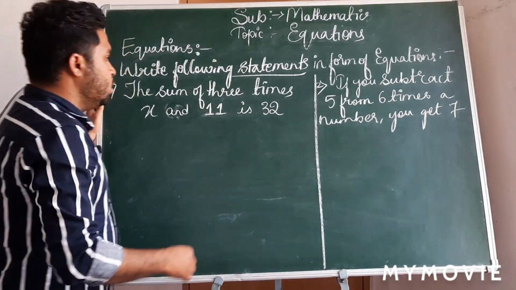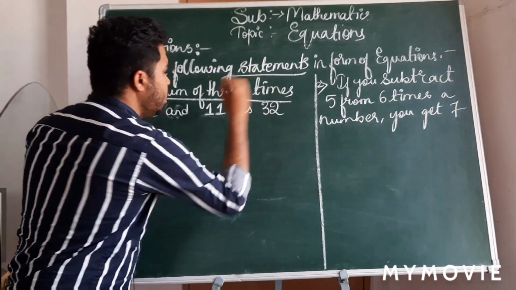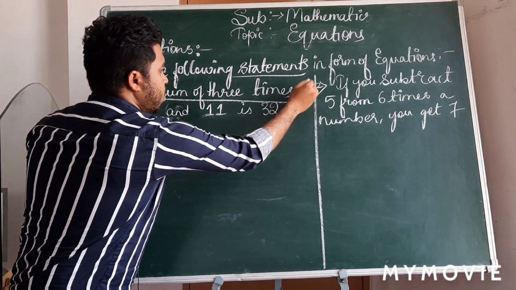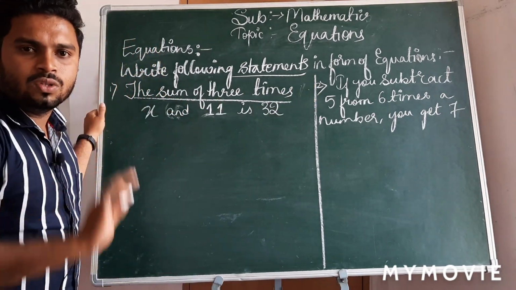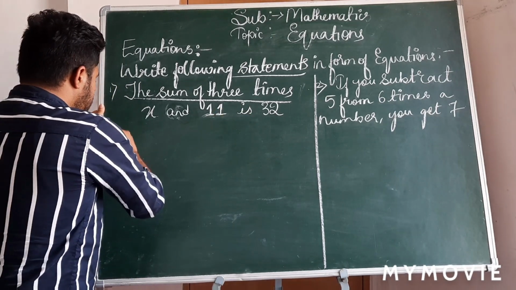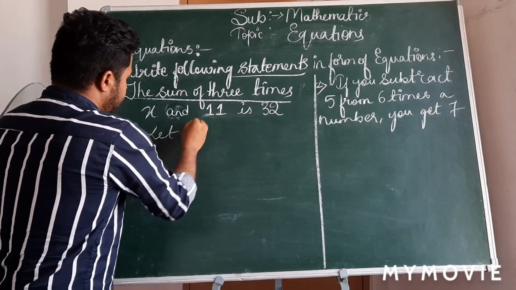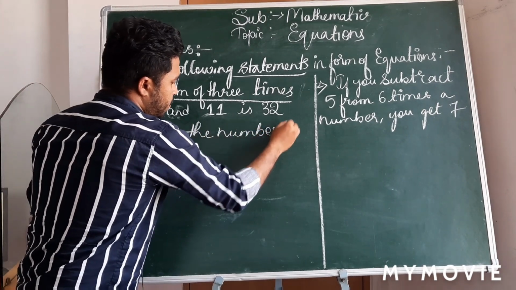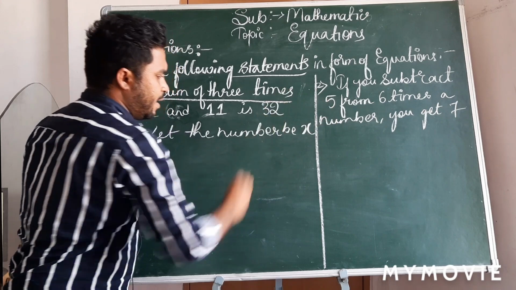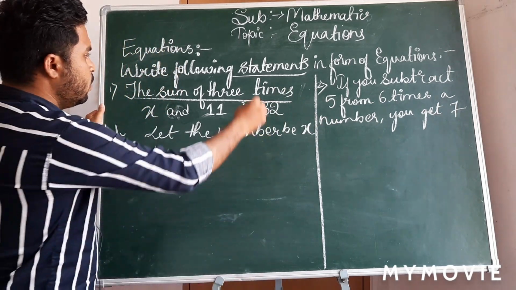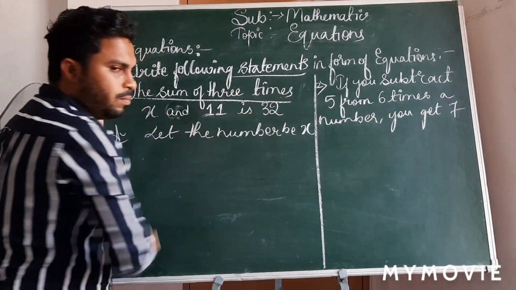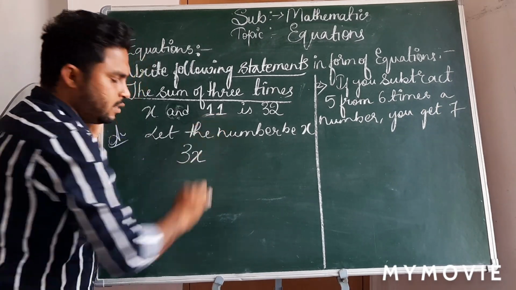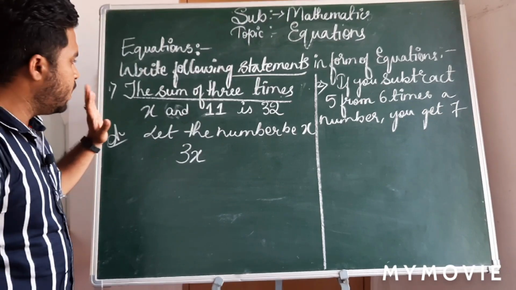Now, the sum of 3 times a number and 11. We don't know the number, so let the number be x. Now 3 times the number is 3x.